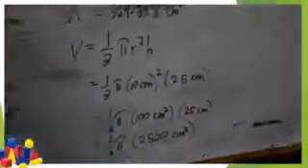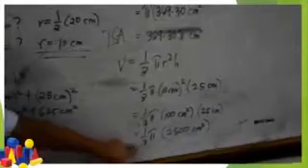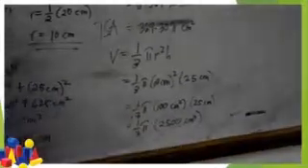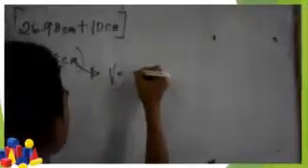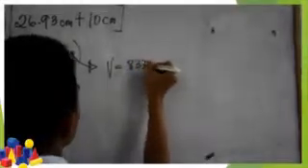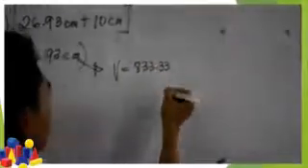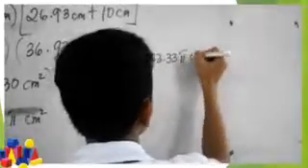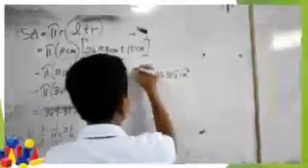So 1/3 times 2,500 cubic centimeter, we have a volume equal to 833.335 cubic centimeter. So we have the volume. So that's it. Thank you.